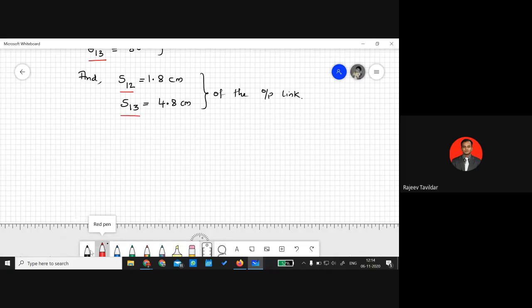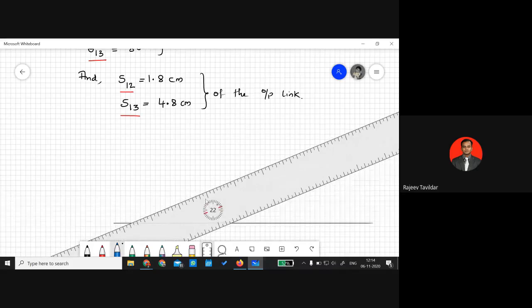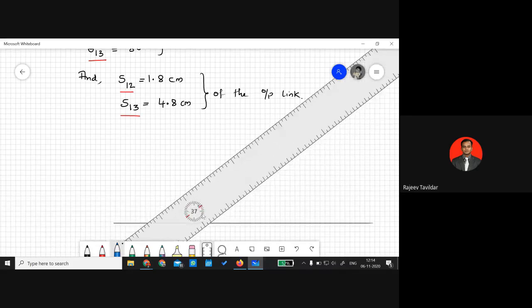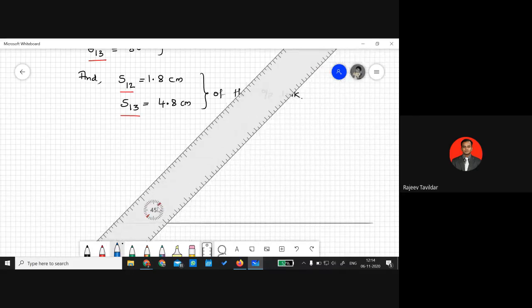So first, let me draw the base. Okay. I'm going to draw one position of the input link.